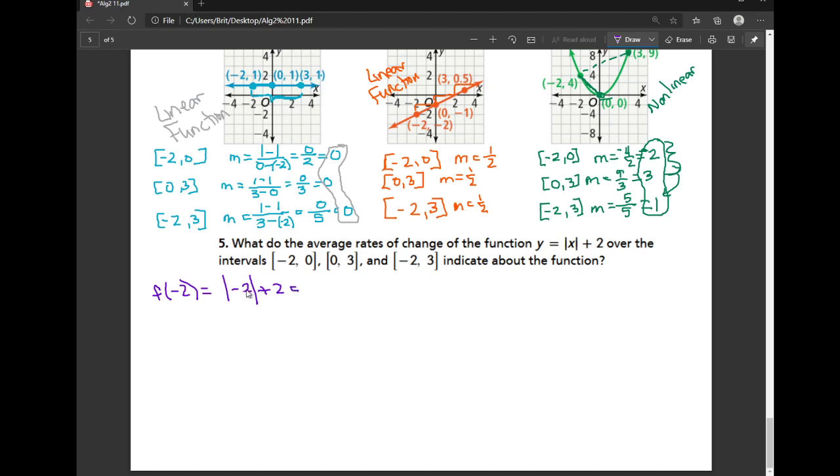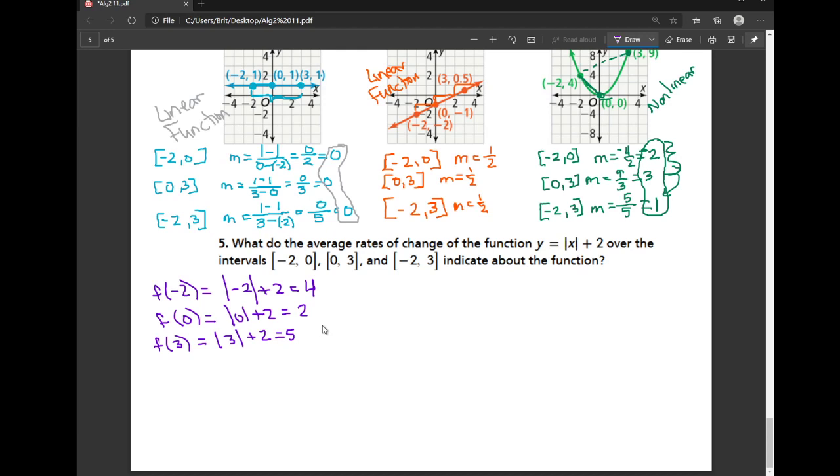An absolute value, remember, produces just a positive number. So this is 2 plus 2 is 4. If I plug a 0 in, I get the absolute value of 0 plus 2. 0 plus 2 is 2. And if I plug in a 3, I get the absolute value of 3 plus 2, which is 5.